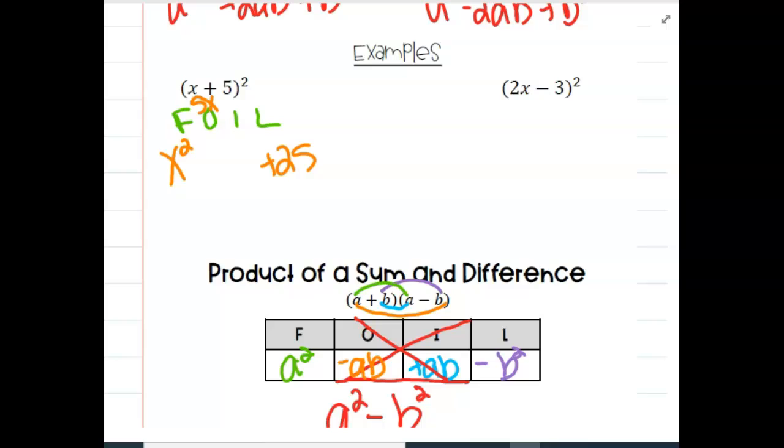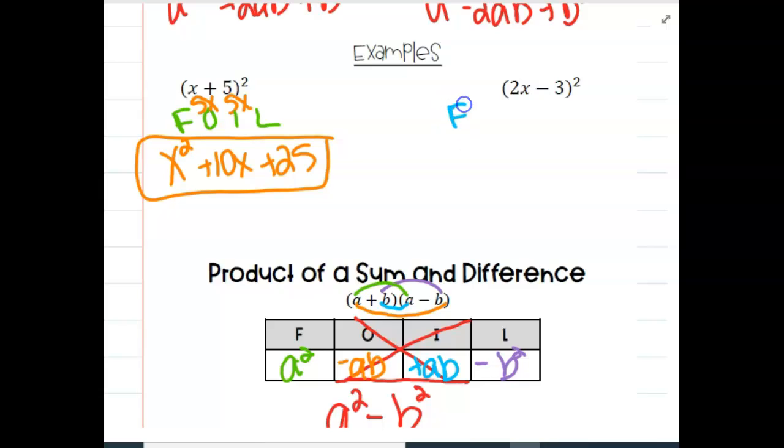And then when you do the I, you would take x plus 5 times x, you take 5 times x. Look, it's just those numbers. The I is going to be 5 times x, which is 5x. So the O and the I are going to be the same exact thing every single time. And when you combine those together, 5x and 5x gives you 10x.